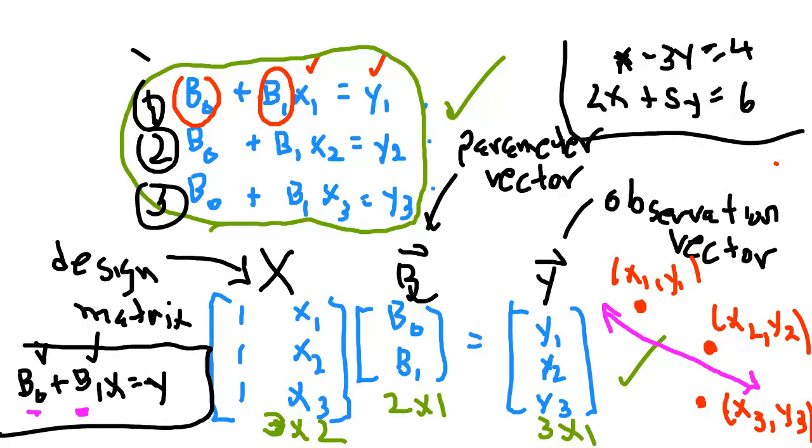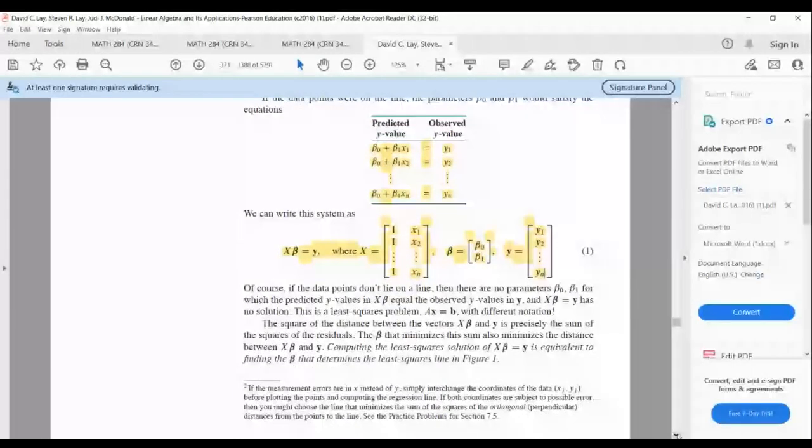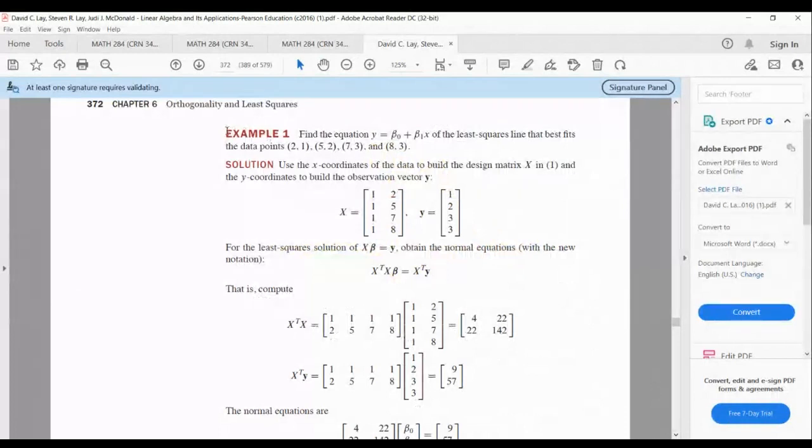Okay, so let's go to the first example here in the book. In this example, they want you to find the equation of the least squares line that best fits the data points.